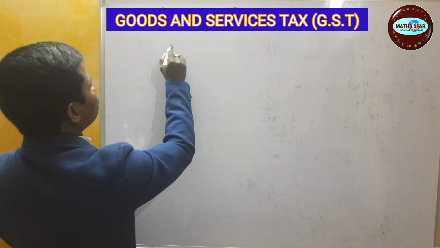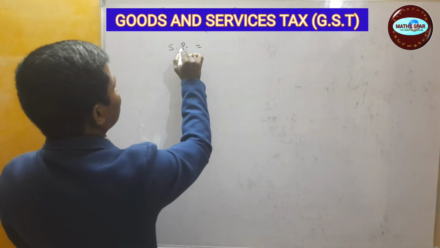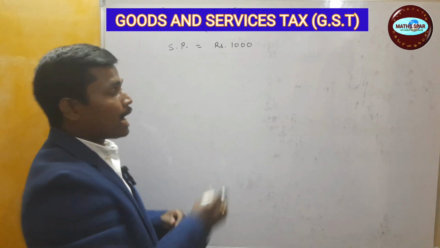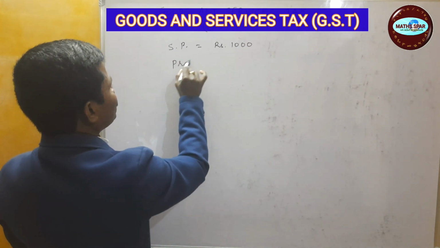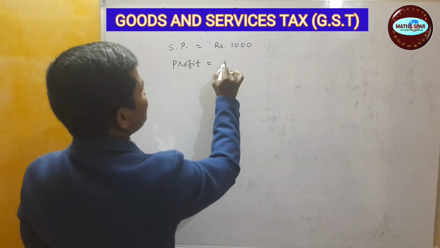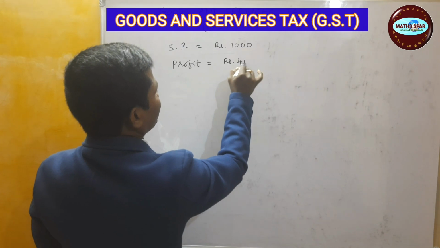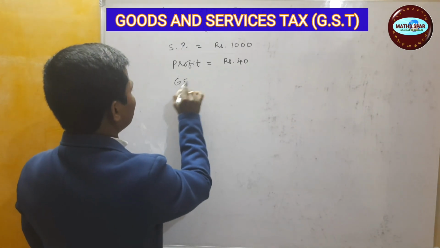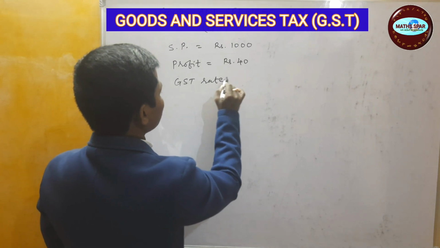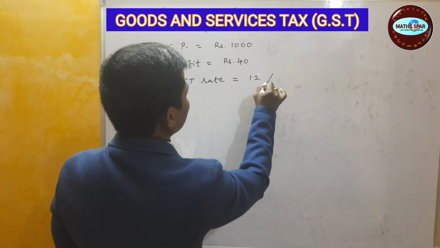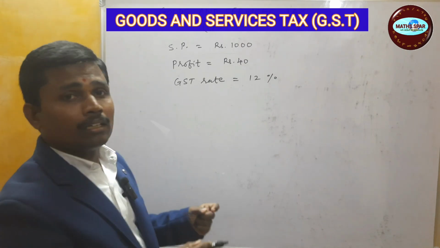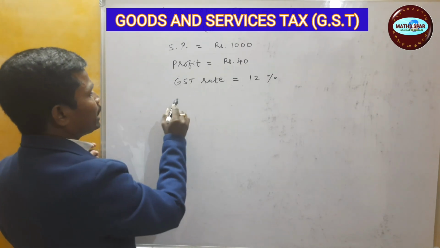Though SP is given in such cases, say suppose SP is rupees 1000 and he has earned a profit of rupees 40 on selling the product, then GST rate, if it is some 12%, then directly you can find the GST.